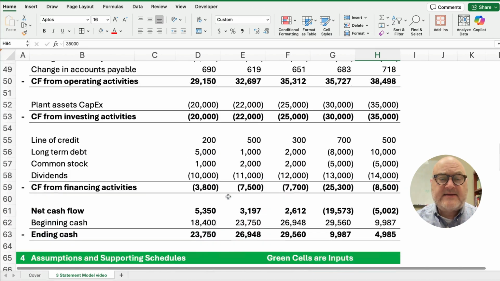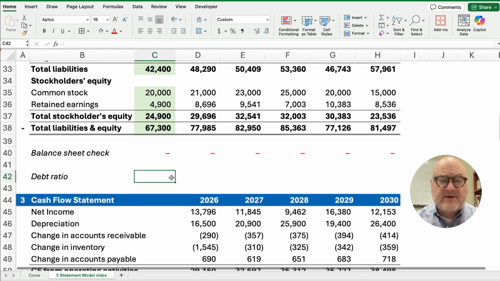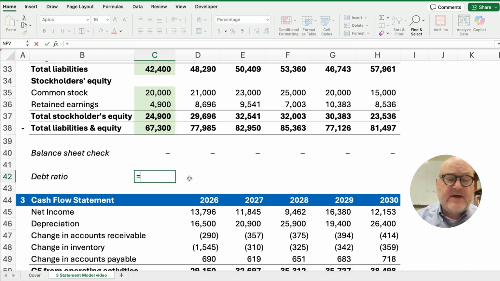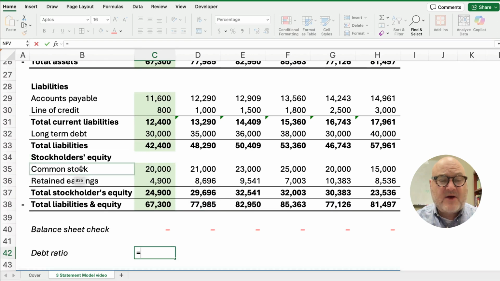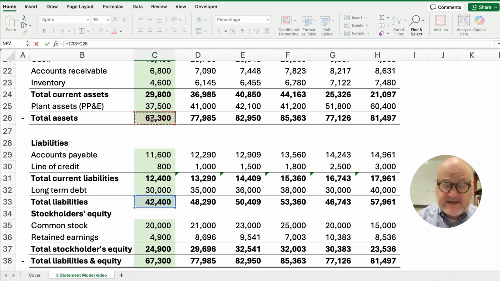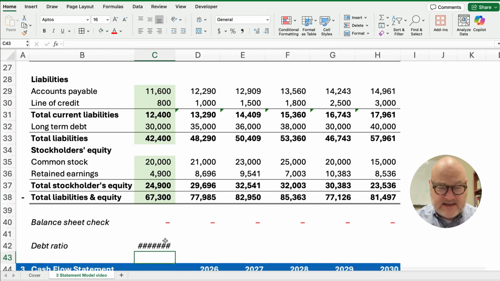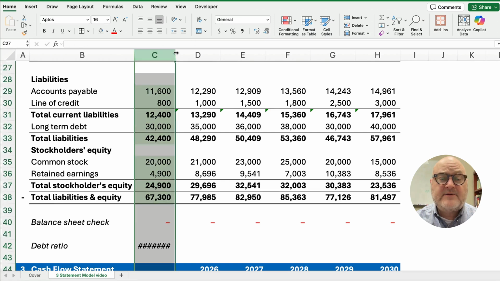Let's look at the debt ratio. One of the things we can do is figure out how much debt we have. So let's look at total liabilities divided by total assets. That's a percentage. I went ahead and did this as a percentage. Do I need to widen the column just slightly maybe?